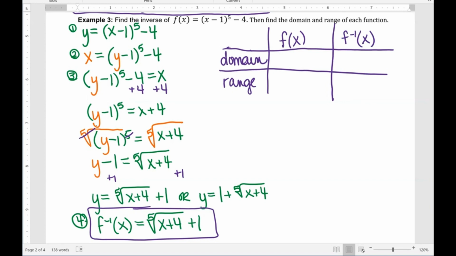Okay, so our original function was a polynomial. And we know the domain of a polynomial is negative infinity to positive infinity. And if we found the domain of the original, we found the range of the inverse. Our inverse function is a radical function.